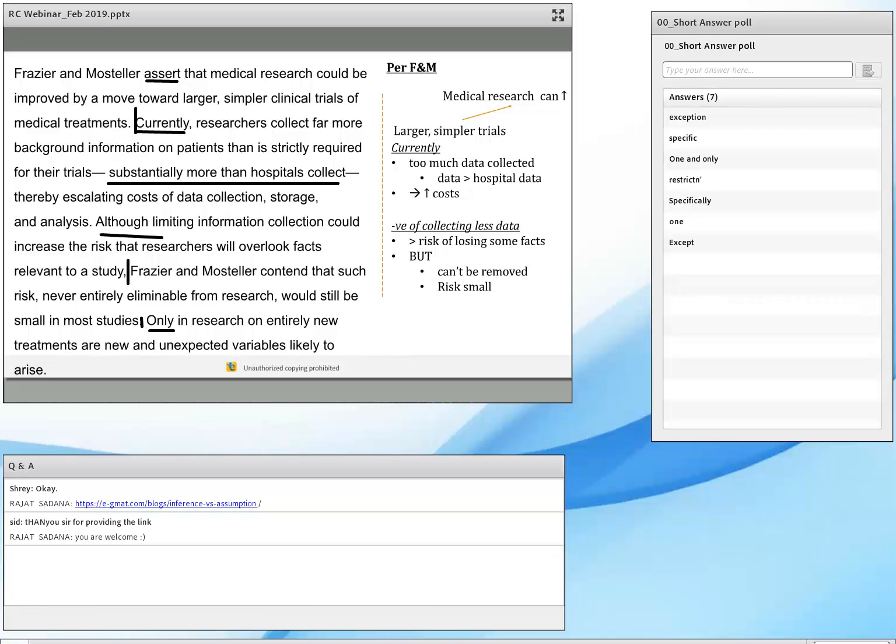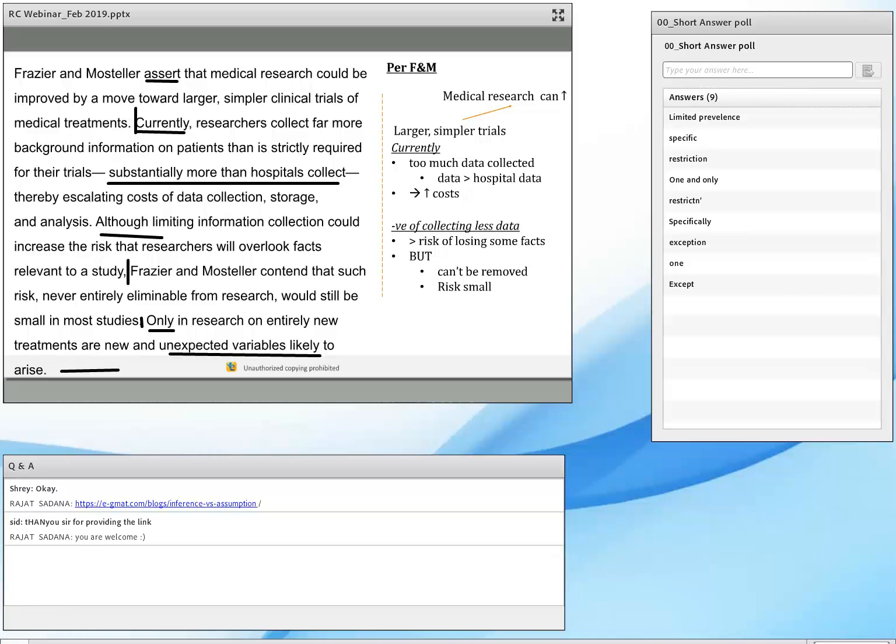Only in research on entirely new treatments are new and unexpected variables likely to arise. So there's this one exception: with the exception of research on new treatments, and we continue the thought from before, that the risk would still be small in most studies, with the exception that in new treatments, unexpected variables are likely to arise.